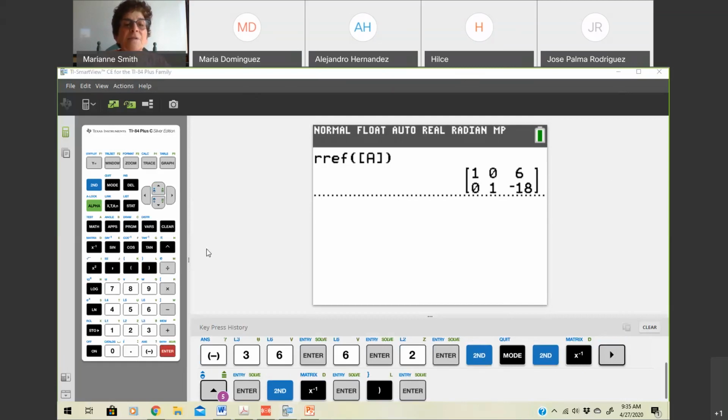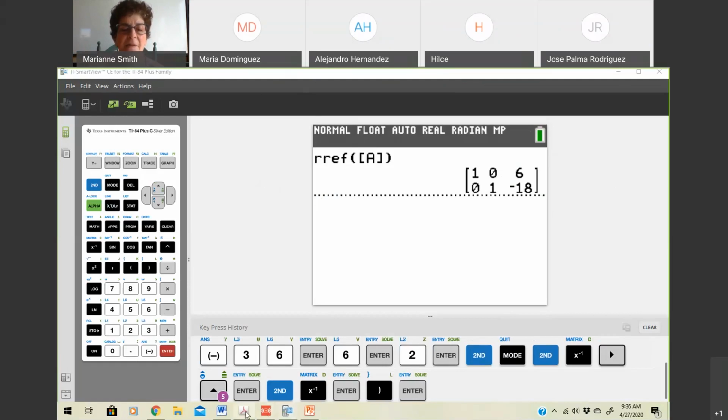Okay, so I'm asking you a question. What values did I get? Okay, so x, you might remember the way you read this, 1x plus no y's is 6. No x's plus 1y is negative 18. So yes, Joanne, it is x is 6 and y is negative 18. Okay, so again, please don't crank the algebra by hand if your system's linear. Just put it in standard form, use RREF.